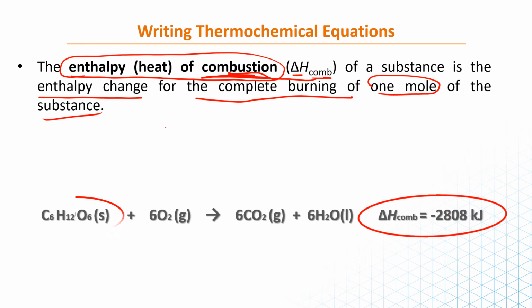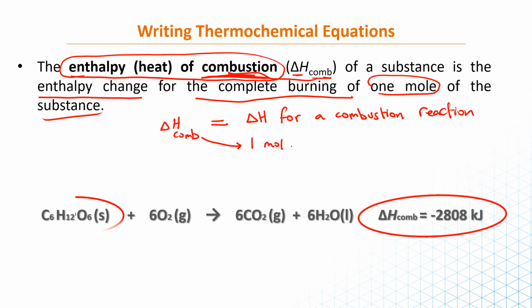So, delta H combustion is actually the delta H for a combustion reaction. الطاقة الحرارية اللي يطلقها تفاعل احتراق. Now, there are conditions. The condition is that 1 mole of a substance.